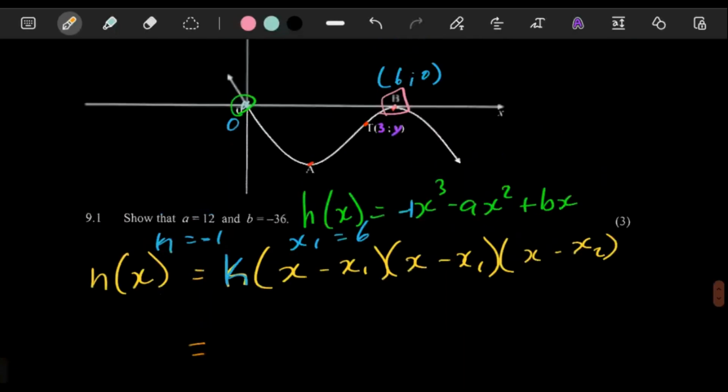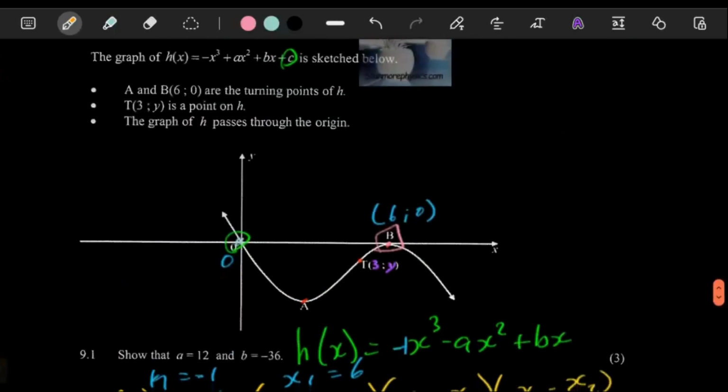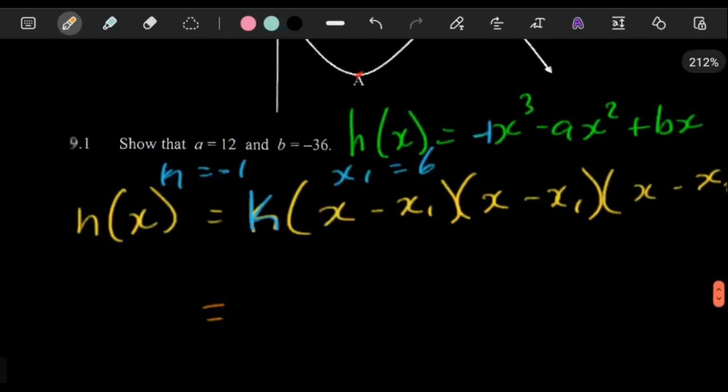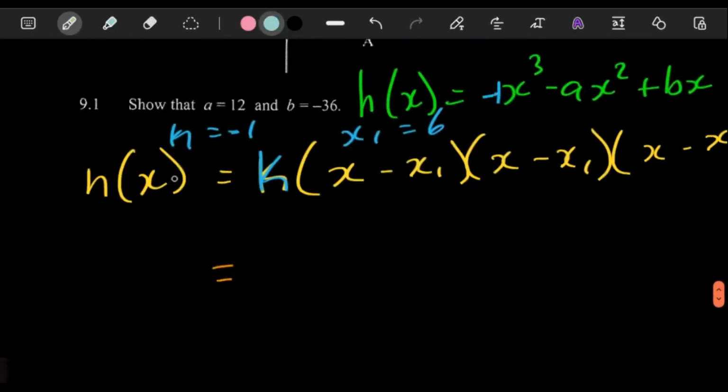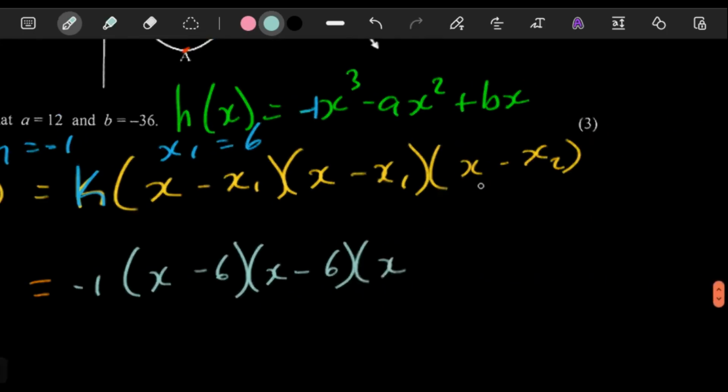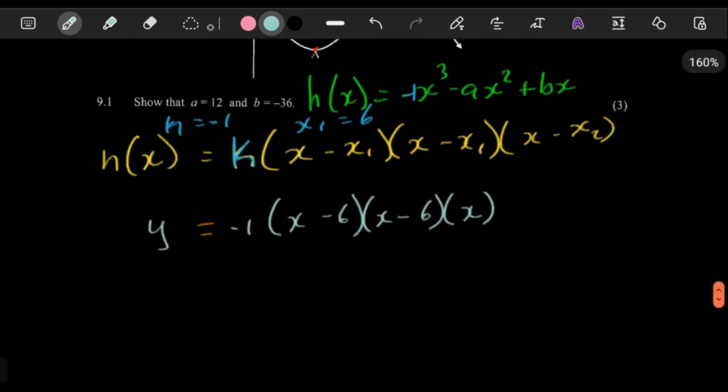We seem to have quite a bit of information. The only thing is we only have an x value and the y value is blank. So let's see how far we can go. The y value is y, k is negative 1, this is a 6, and then 6 again. The other one we know is 0, so x minus 0 is just 0.